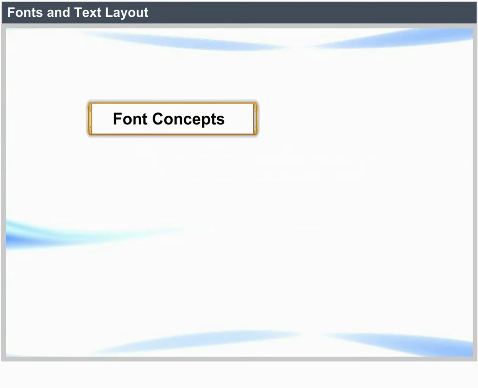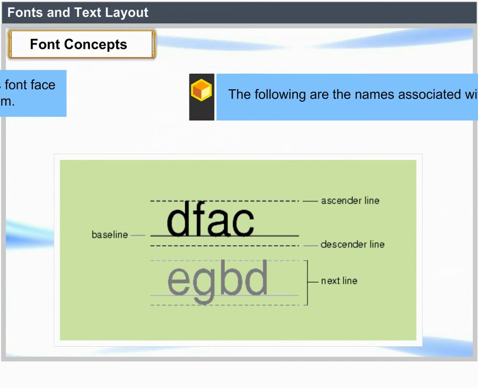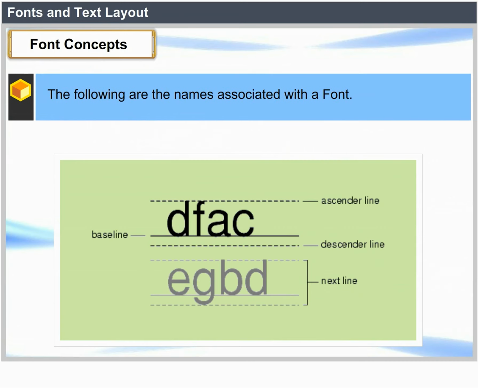Font concept. An instance of a font face is represented by a font object. This font face is taken from the collection of font faces available on the system. The following are the names associated with a font.